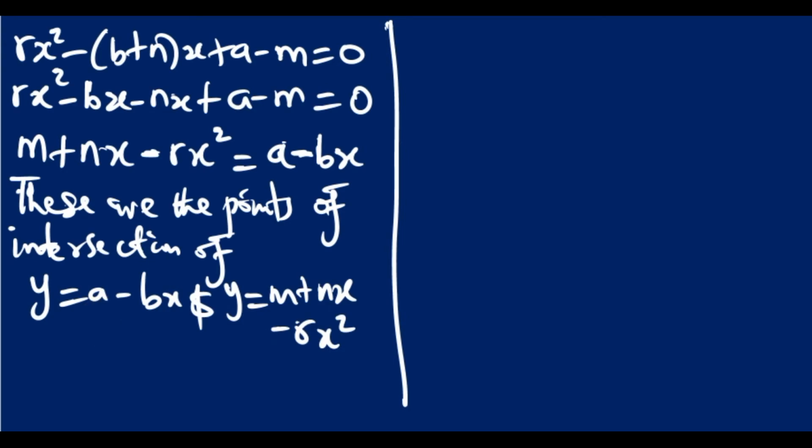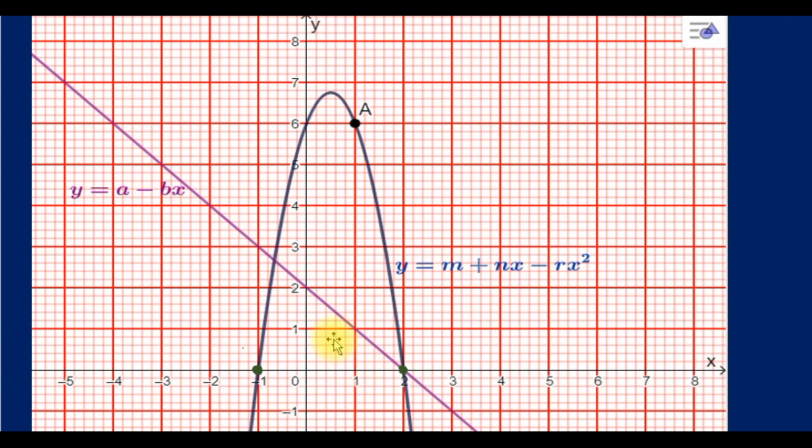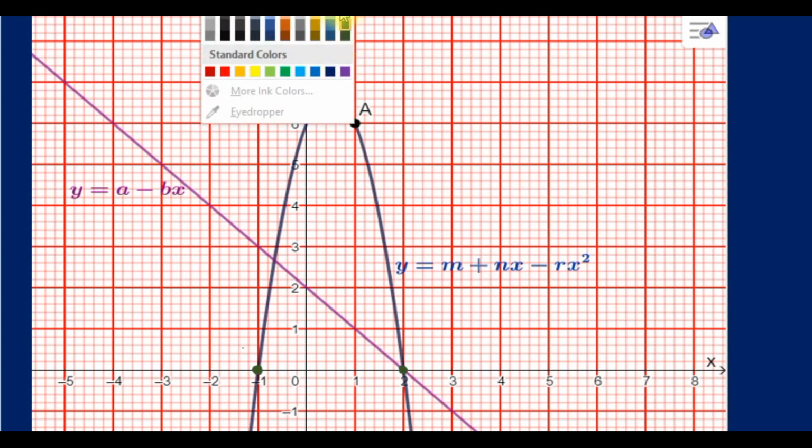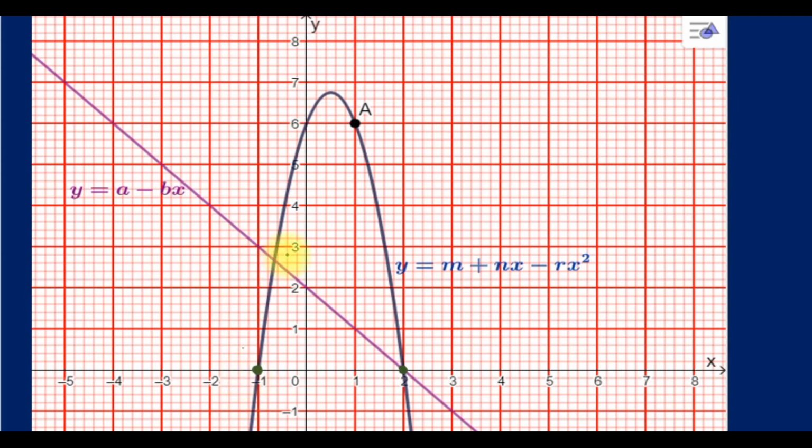And from the graph, we trace it down. So this is the point. This one is 2. So we have 2 points. The first one is 2.